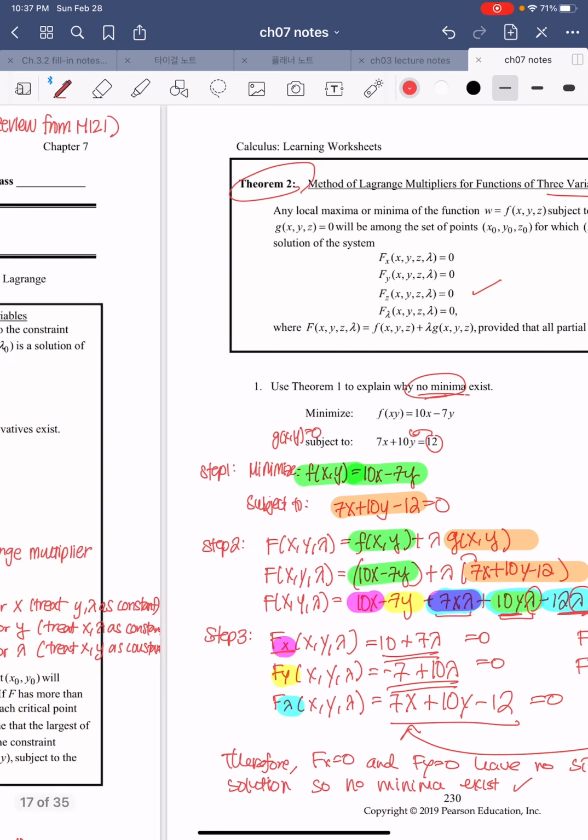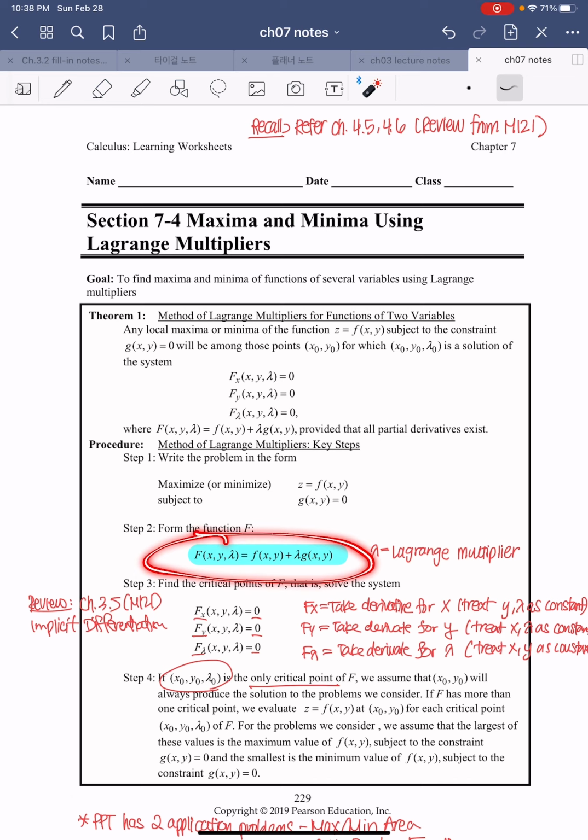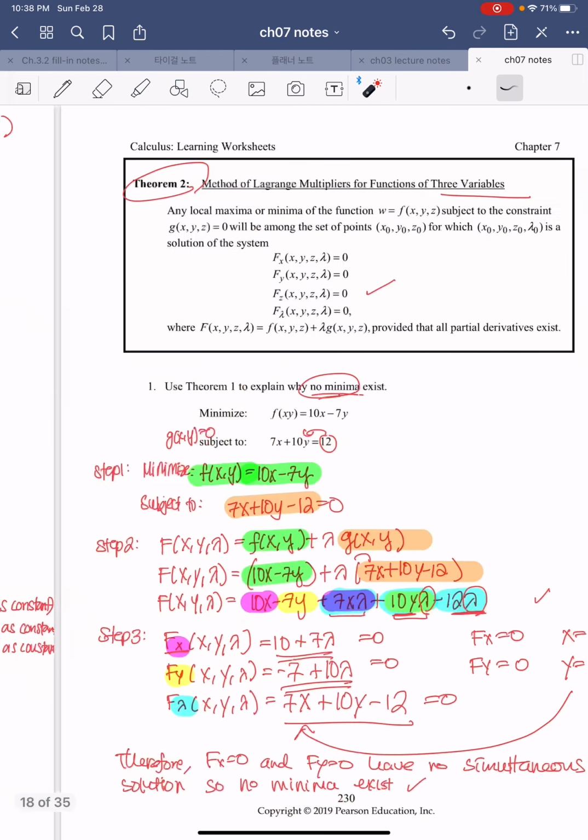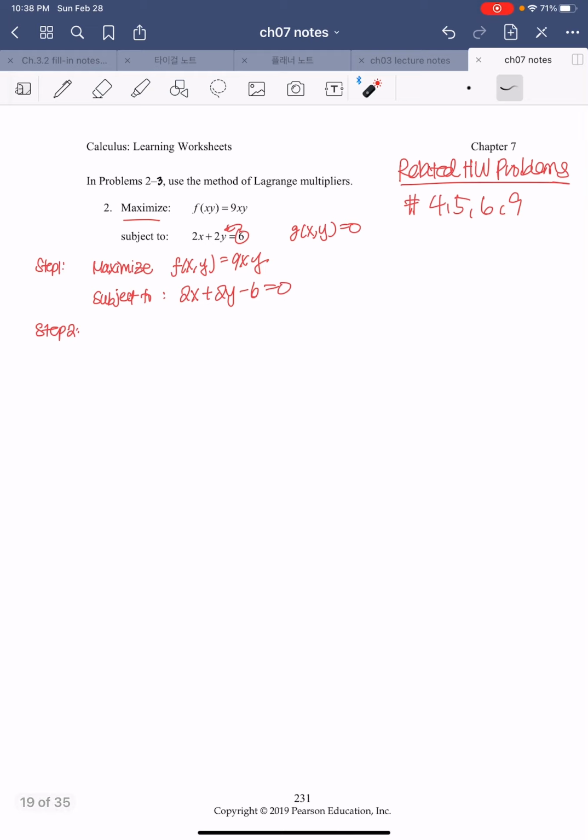We are going to write our Lagrange multiplier function by taking the maximizing or minimizing function here, multiplying with lambda, and then the subject equation on the last term. So the function is f of x, y, lambda equal to f of x y plus lambda times g of x y function. So in other words, this right over here will be my first term.